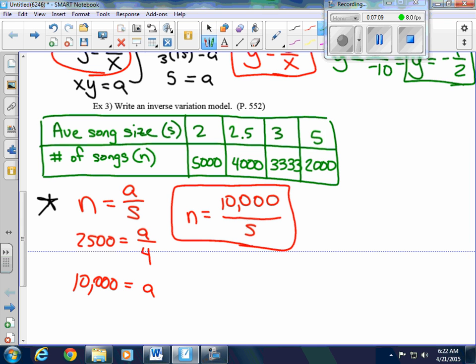For example, if we wanted to extend this and make it 9 songs, okay, the song size is 9 megabytes, whatever, we're going to put in 9, we're going to figure out how many songs we would get if we did that. So when we plug that into the calculator, we're going to get approximately 1,111. It'll be a point in a decimal, so it would go on after that. But that's how I would use that as an inverse variation.